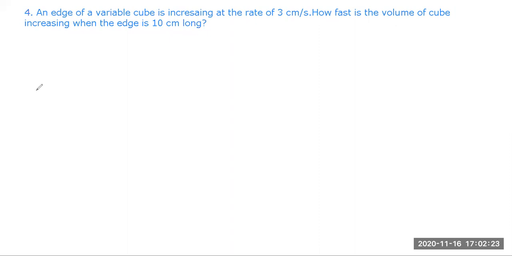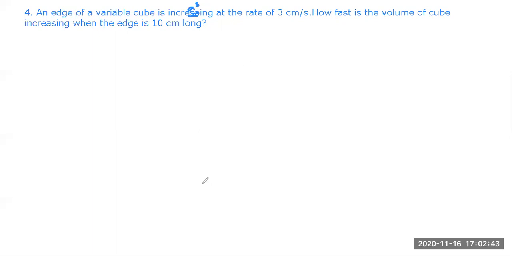An edge of a variable cube means the cube size is increasing. I think there are some spelling mistakes, just ignore that. It should have been increasing at the rate of 3 centimeters per second. How fast is the volume?